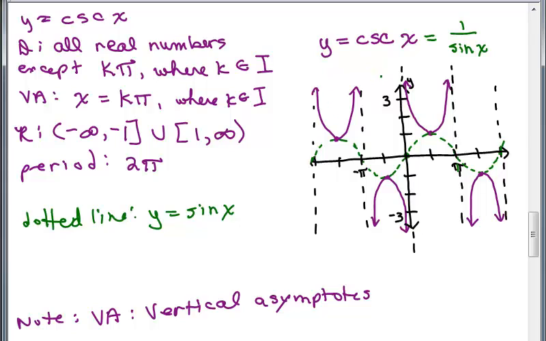So if you already have y equals cosecant of x drawn, how would you get 2 cosecant of x? Well, your purple shows all your y values, so basically you would multiply all those y values by 2. In other words, this bottom point right here, let me circle it, would start up here if I were going to do y equals 2 cosecant of x.